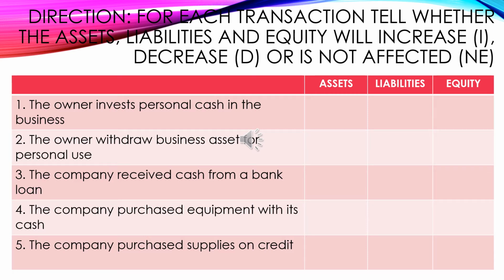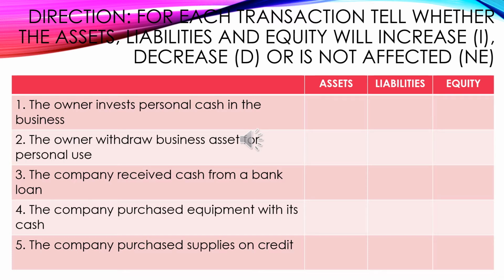Next, the company received cash from a bank loan. So in this case, the company's assets increased in the form of a bank loan. So that is not from the owner, but it's a loan granted by a bank which made the asset of the business increase in the form of cash.